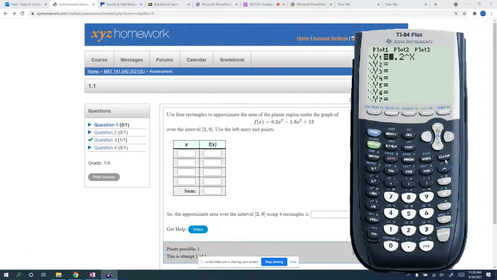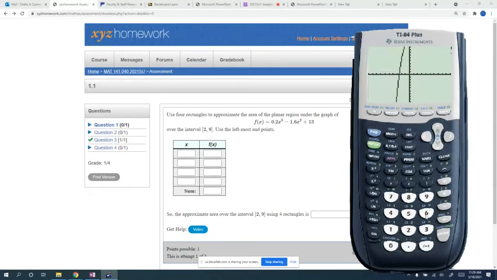So I'm going to go to y equals, and I'm going to put in 0.2x cubed minus 1.6x squared plus 13. I'm going to hit zoom and 6.